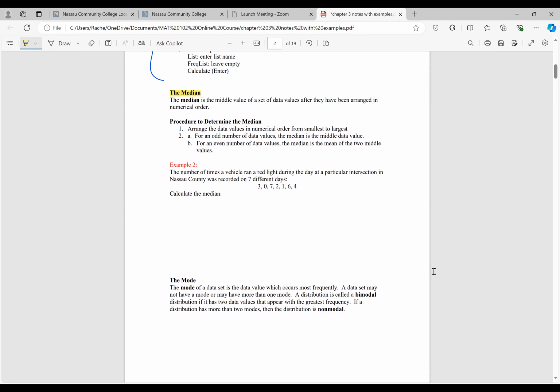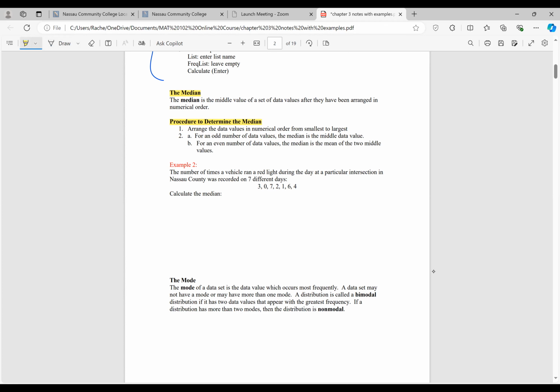So whenever we're going to determine the median, the first step is to arrange the data values in numerical order from smallest to largest. And then the second step is if you have an odd number of data values, the median is the middle data value. You would just count into the middle number. But if you have an even number of data values, the median is going to be the mean of the two middle values. And I'll show you an example.